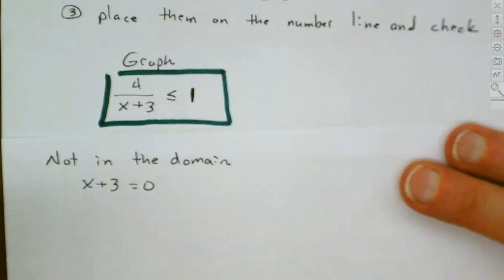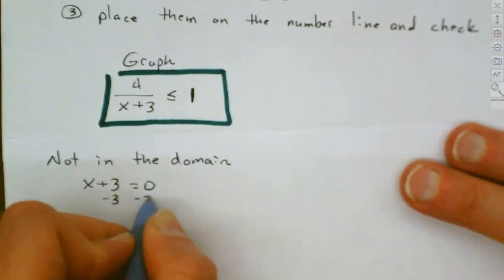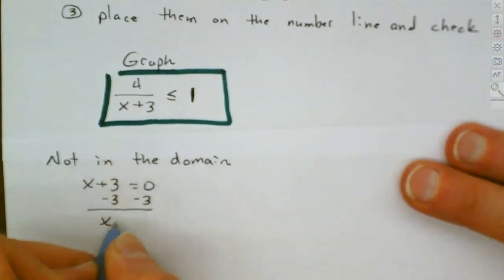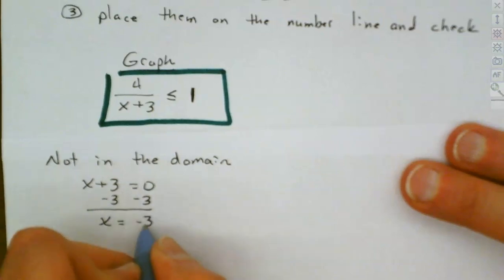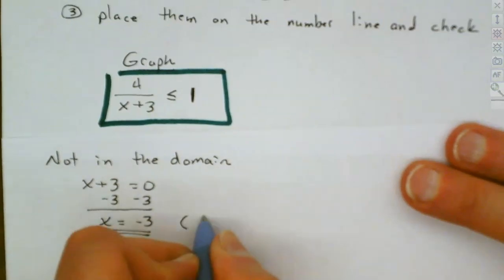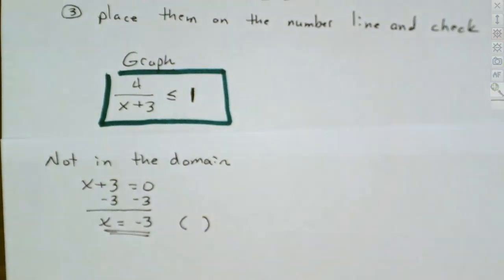And we can solve this pretty easily. Move that 3 over. So what number is not in the domain? Well, that's a negative 3. And since it came from the domain, it is going to get parentheses. Okay, so there's that piece.